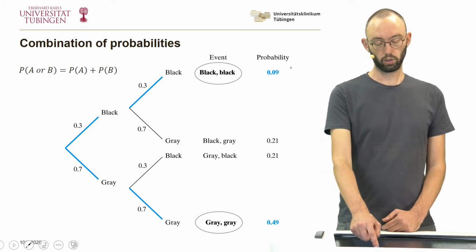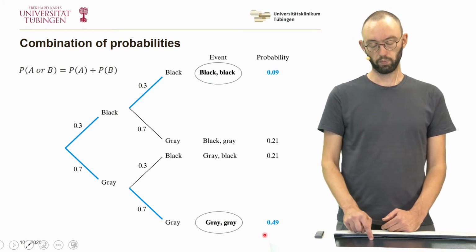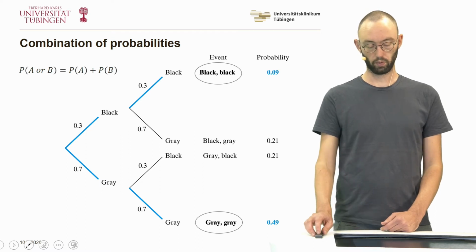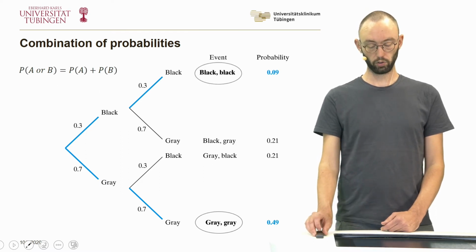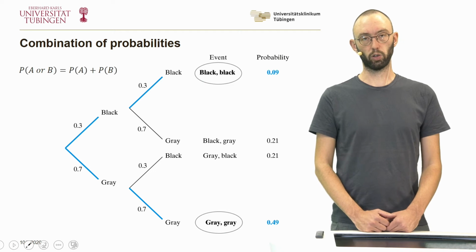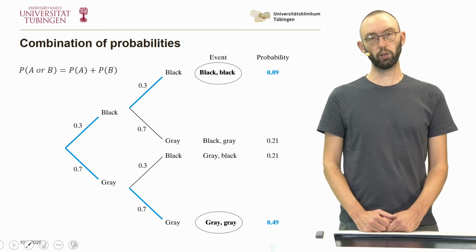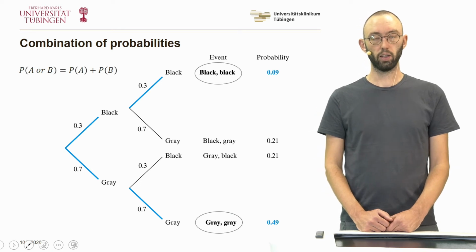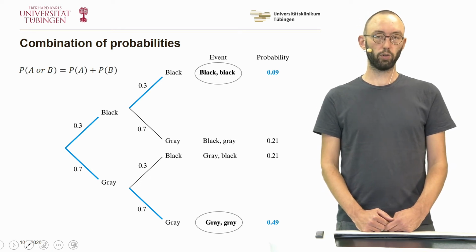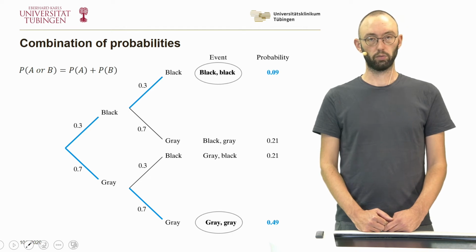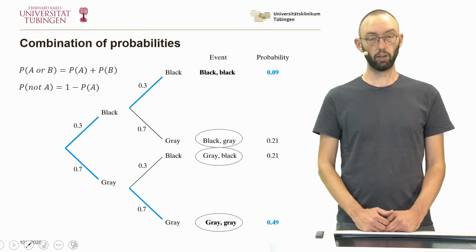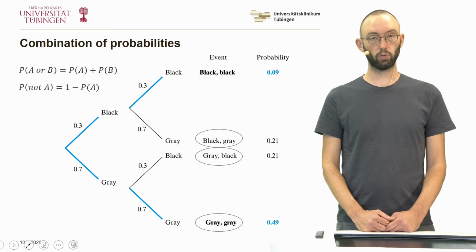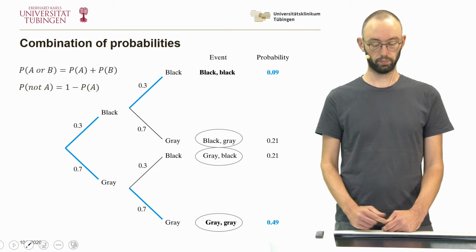Therefore, in this case, we can simply sum the probabilities of these two events and obtain a value of 0.58. Once we have calculated that, we can also very easily calculate the probability that we observe animals which don't have the same color, because by our last probability rule, this is simply 1 minus the probability that these animals have the same color. So in this case, 0.42.